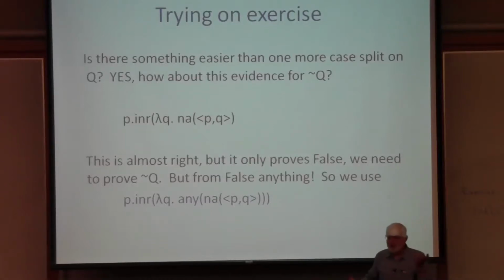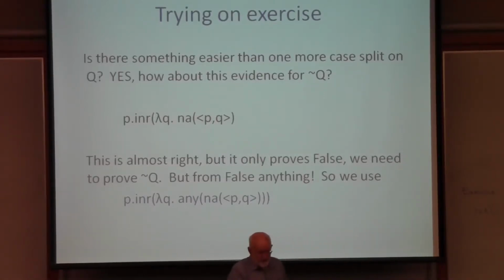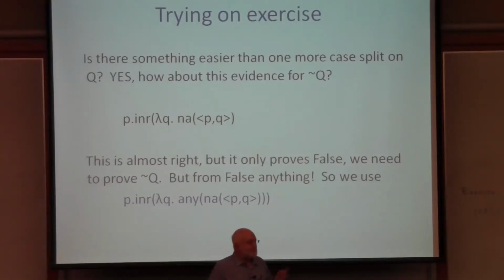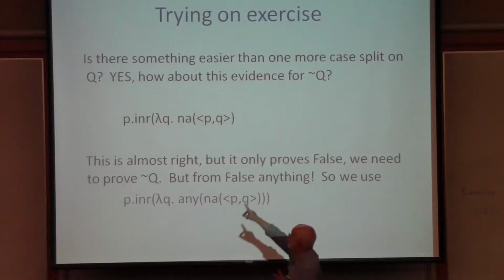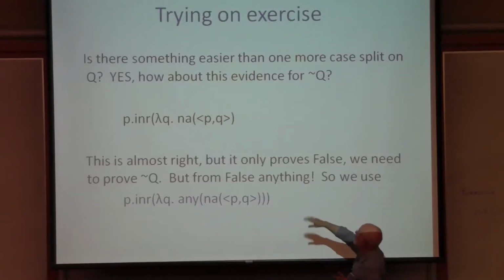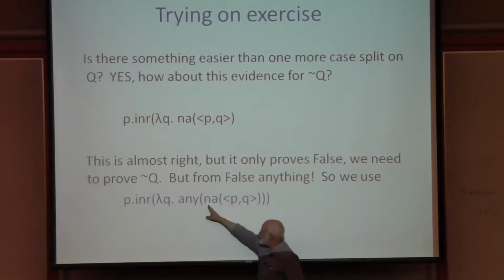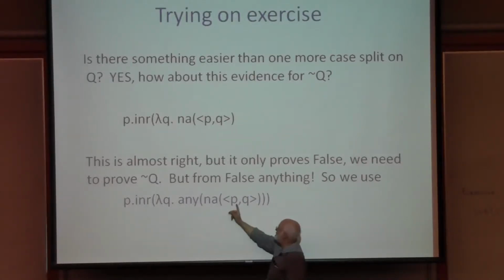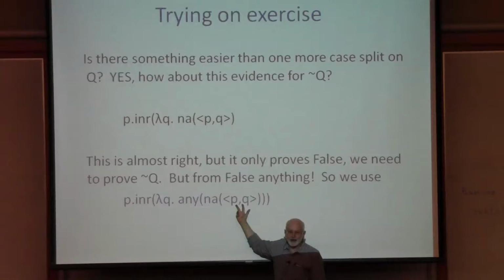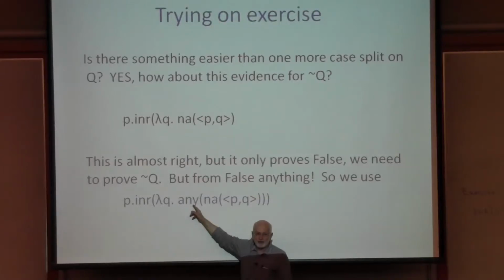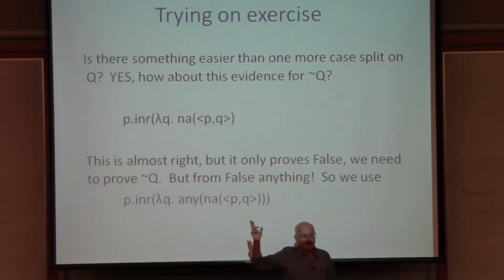So you assume Q. Give me a Q. Now you've got both P and Q, and you can go to the first realizer there, which we don't have on the board anymore, but I'm going to explain it. Now you go to not the case, both of them. You put the pair P and Q in, and what do you get? A proof of false. And from that, you can use this any operator to get your proof of not Q.